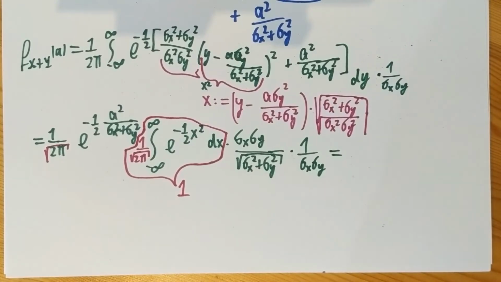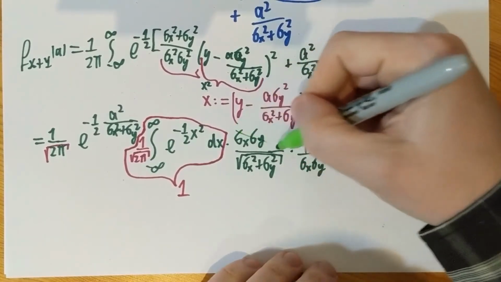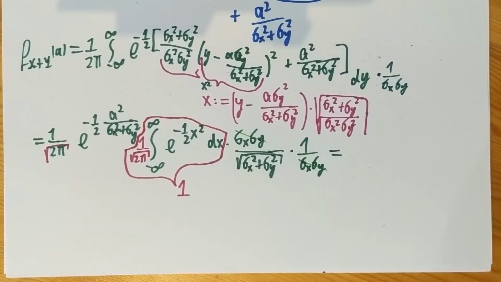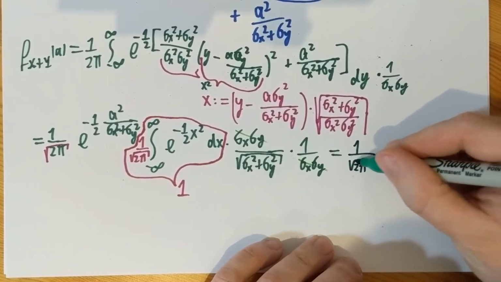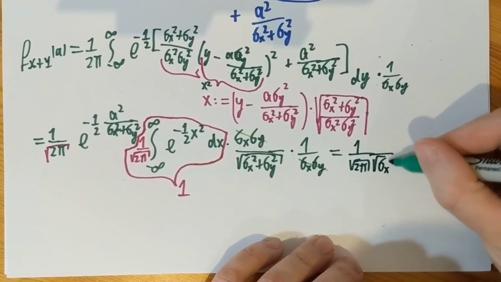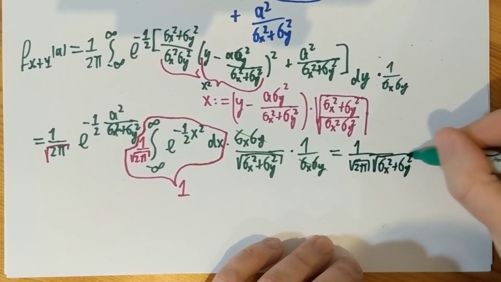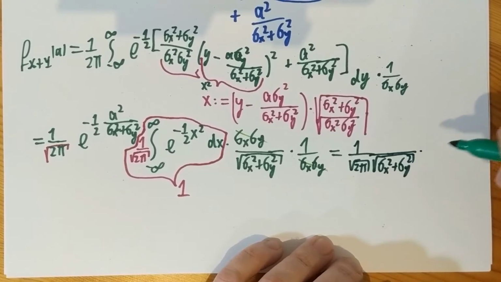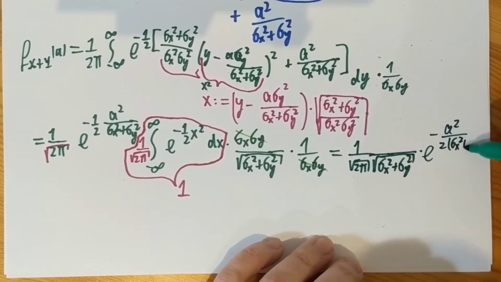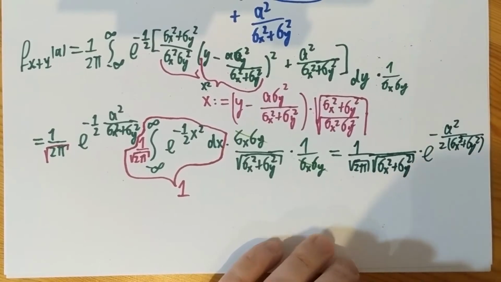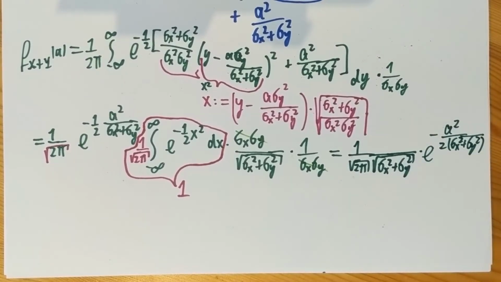The sigma x, sigma y, now that I corrected it, will cancel out, and I arrive to a normal density: 1 over root 2 pi root of sigma x squared plus sigma y squared times the integral is 1, e to the minus a square over twice sigma x square plus sigma y square. And that's all I have left, which is a normal density.